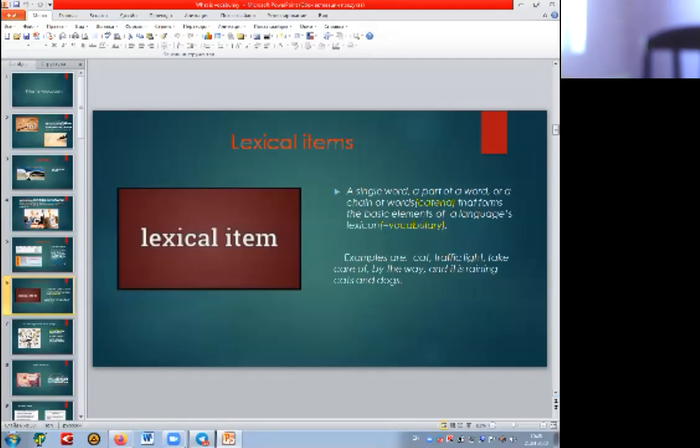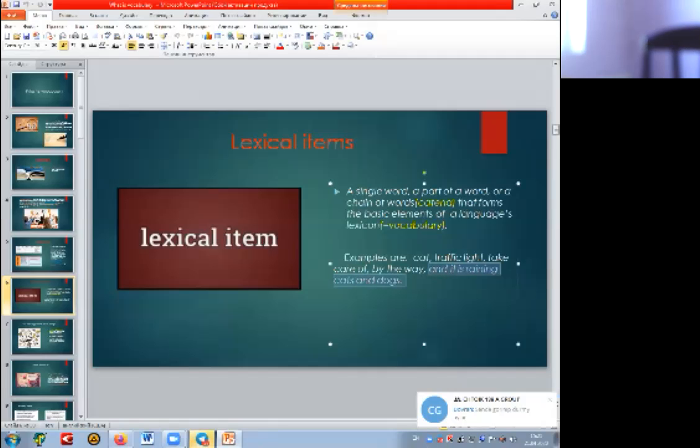By the way, it's raining dogs and cats. It's an idiom. The last one, it's raining dogs and cats, means it's raining hard. Lexical items may be a word or several words, but together they carry one meaning in the sentence.